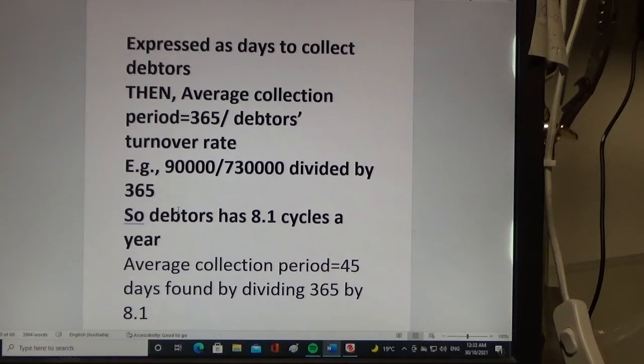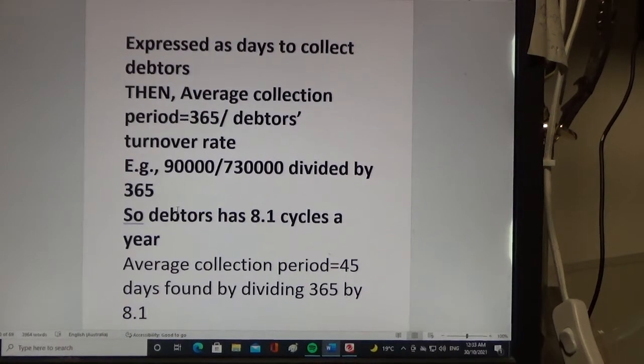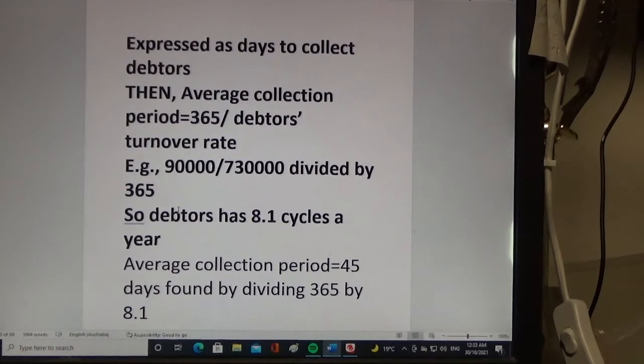You calculate it too: 90,000 divided by 730,000, 0.12, okay. And so then we go 365 divided by 0.12.